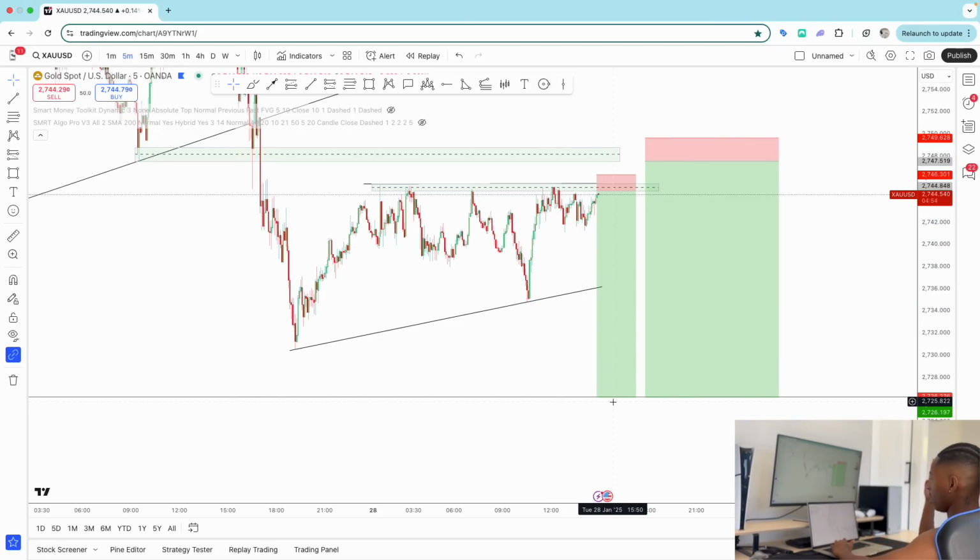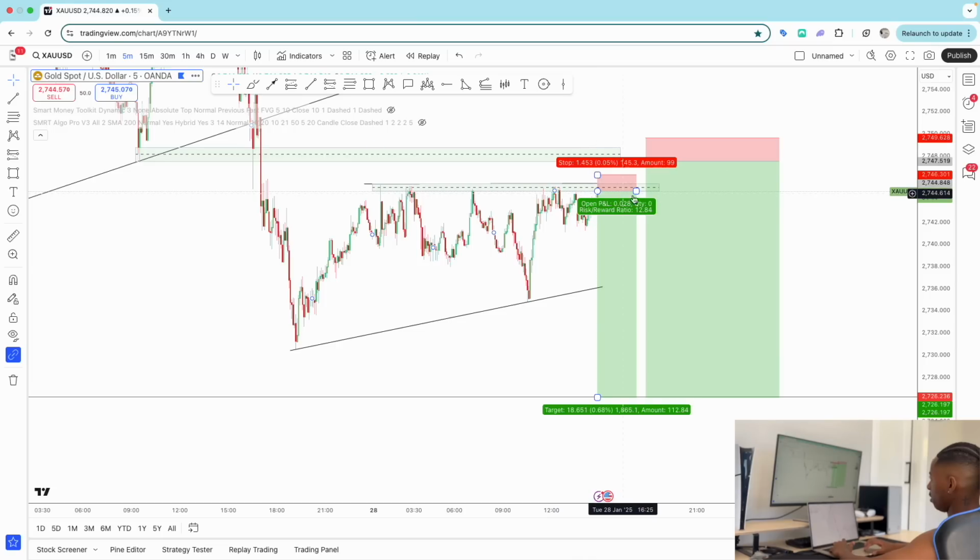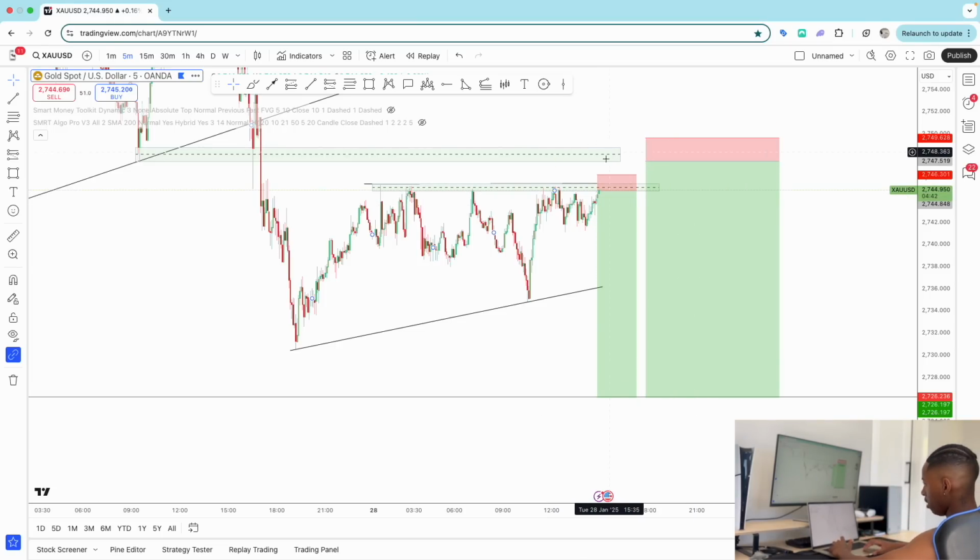What I'm now waiting for is some sort of candlestick confirmation, which means that once price closes with a bearish candlestick, obviously if I can take a sell now, it might be a nice sniper entry, but right now this is what I'm waiting for.